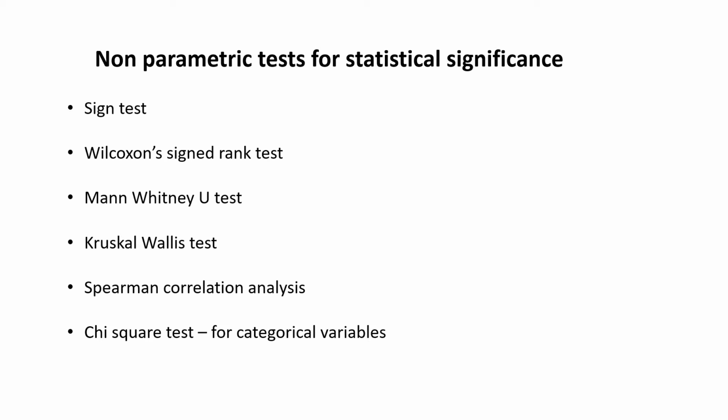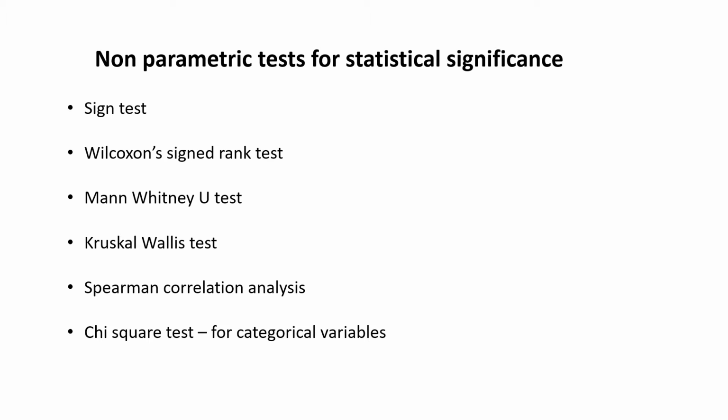These are the various non-parametric tests for statistical significance: sign test, Wilcoxon signed rank test, Mann Whitney U test, Kruskal Wallis test, Spearman correlation analysis, and chi-square test for categorical variables. Chi-square test will be covered in another session. So we will be going through the sign test, Wilcoxon signed rank test, Mann Whitney U test, Kruskal Wallis test, and Spearman correlation analysis.